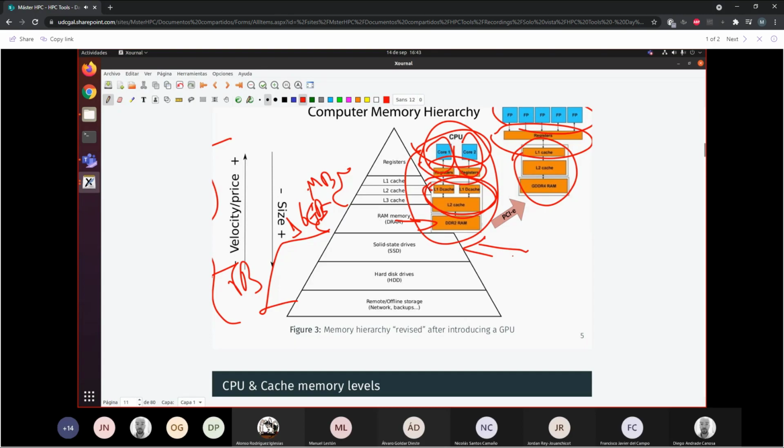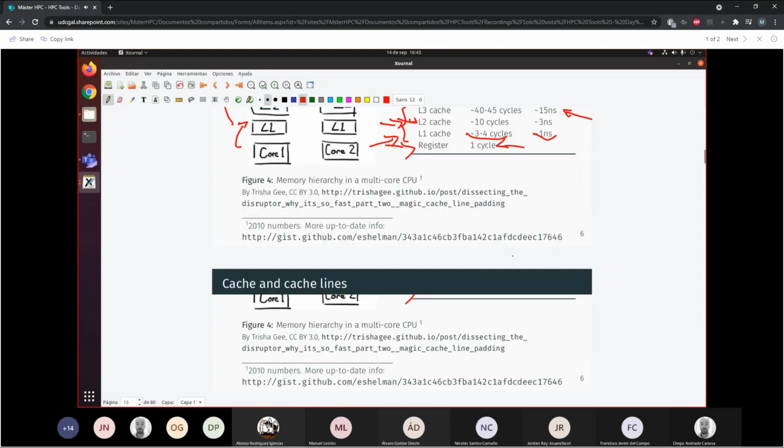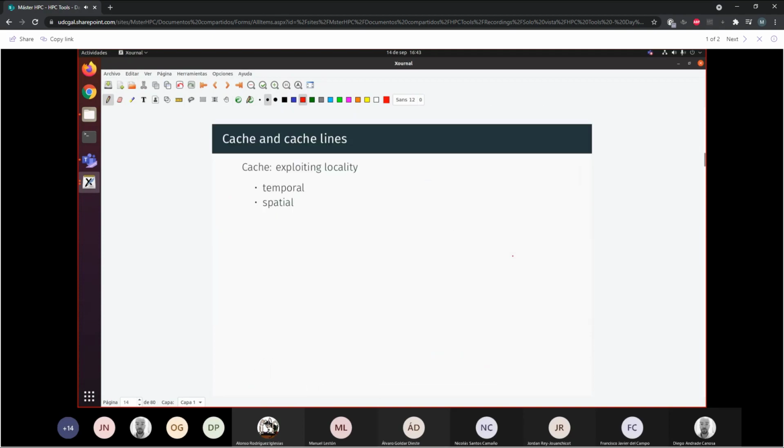Yes? What do you mean by cycle? Cycle is, the processor is a synchronous machine. So it has an internal clock that makes some kind of tic-tac, no? So when you buy a processor, they usually tell you the frequency of the processor is 2.2 gigahertz, okay?